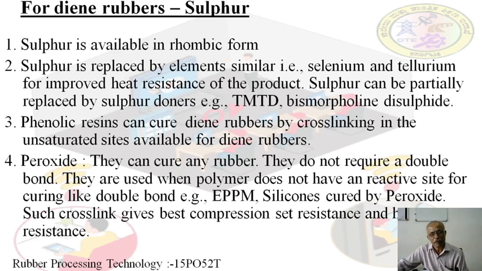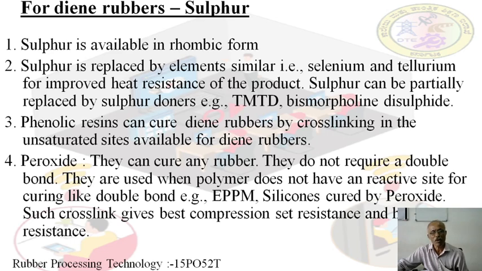Second, sulfur is replaced by similar elements, that is selenium and tellurium, for improved heat resistance of the product. Sulfur can be partially replaced by sulfur donors. Example, TMTD, bismorpholine disulfide. Here TMTD means tetramethyl thiuram disulfide.